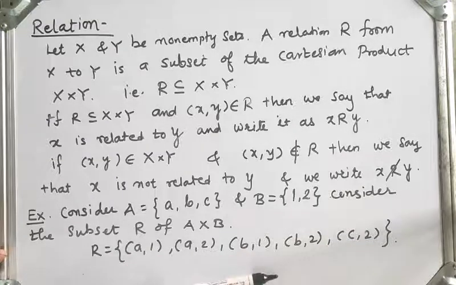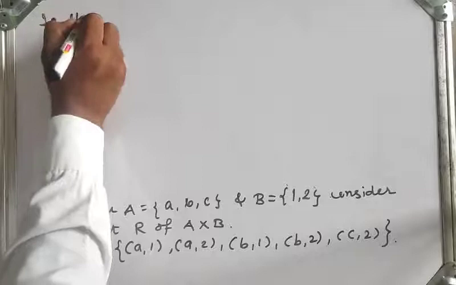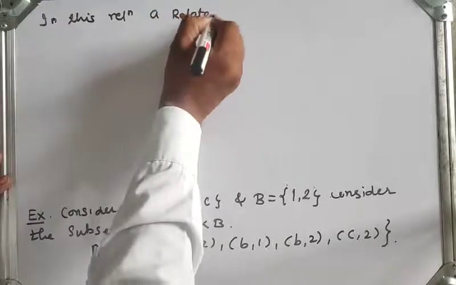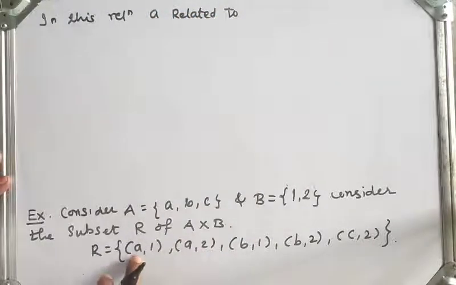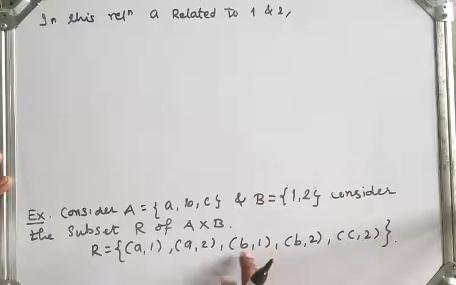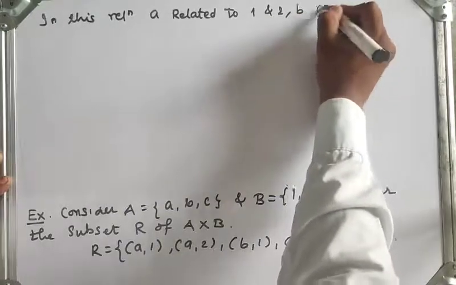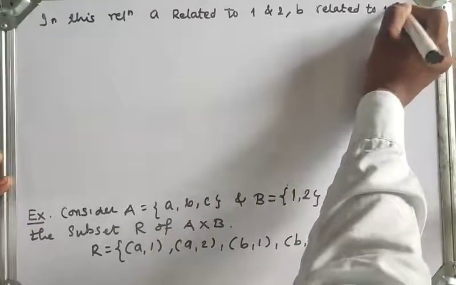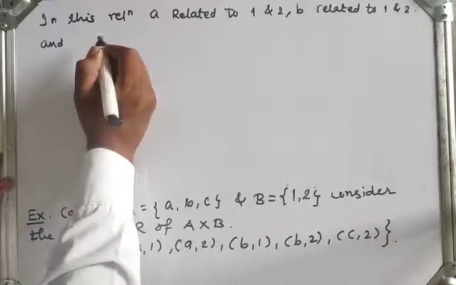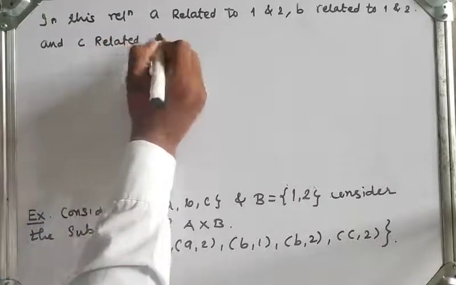In this relation, what are the elements related to a? a is related to 1 and 2, b is related to 1 and 2, and c is related to 2.